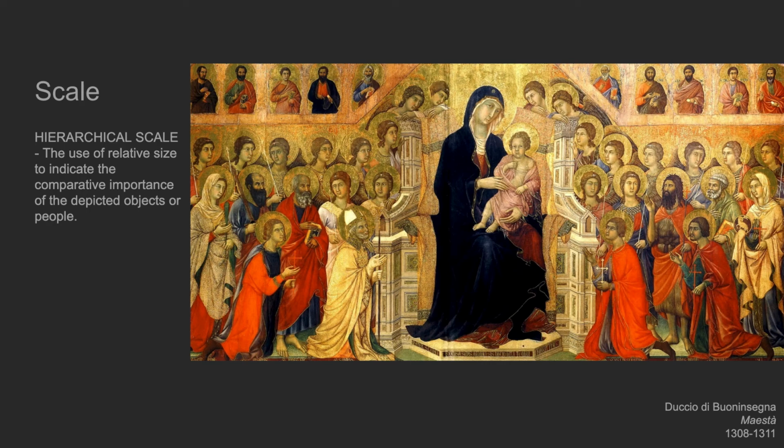What is the most important thing in this artwork? The most important figures. That is the baby and the woman. So it's Mary and Jesus sitting on a throne. Because this whole area is larger than everything else, it is the most important.